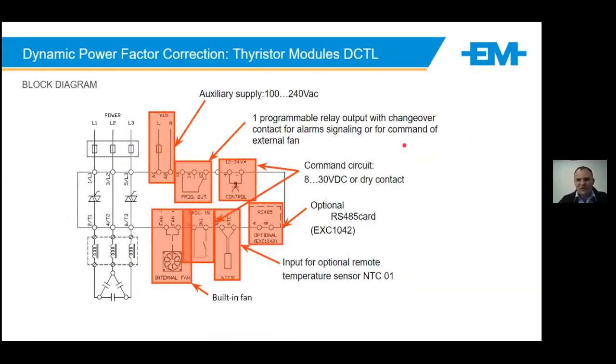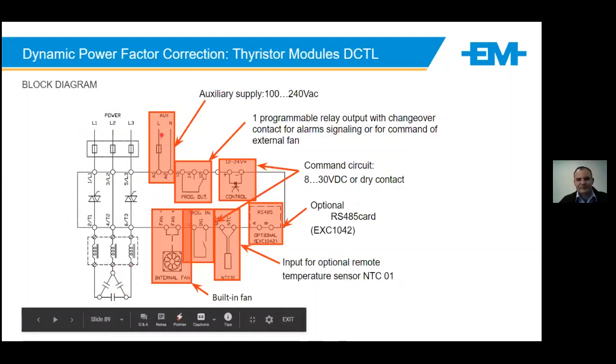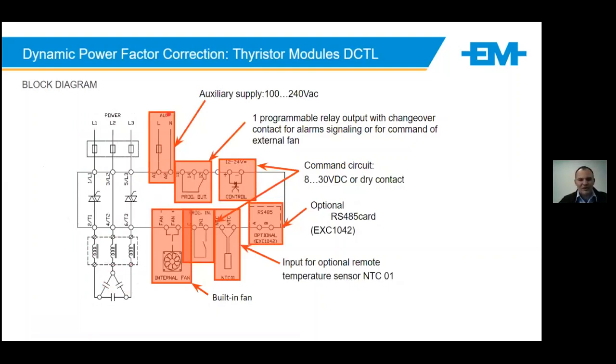The wiring options on the thyristor. So we've got our mains in, reactor, cap. We've got our auxiliary supply, programmable outputs or inputs, depending on a condition.